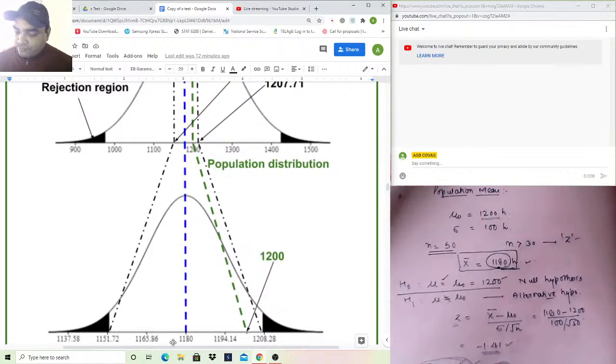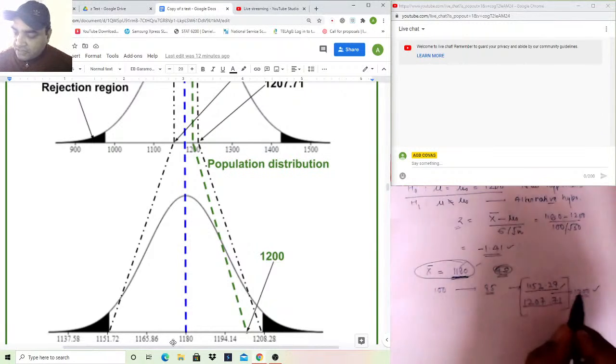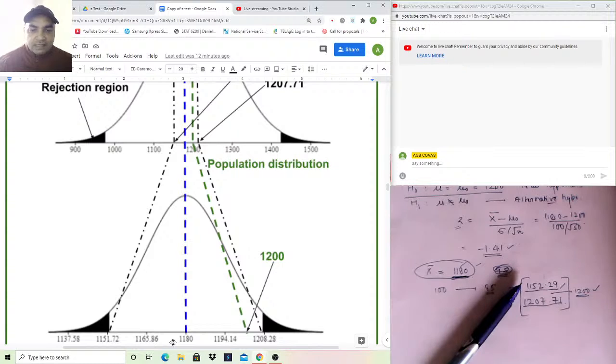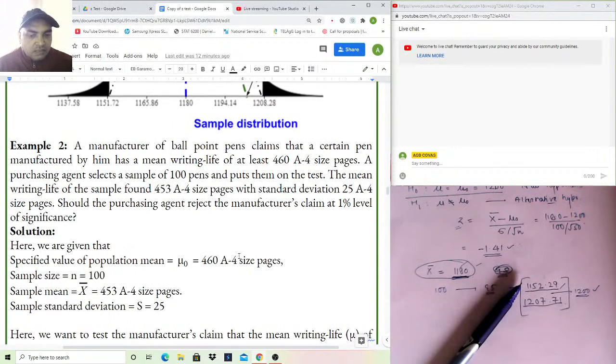So because of this concept of confidence interval, we accept the null. Okay, similarly let me do one more example, then we will close this first session, and then we will join again for our next session.